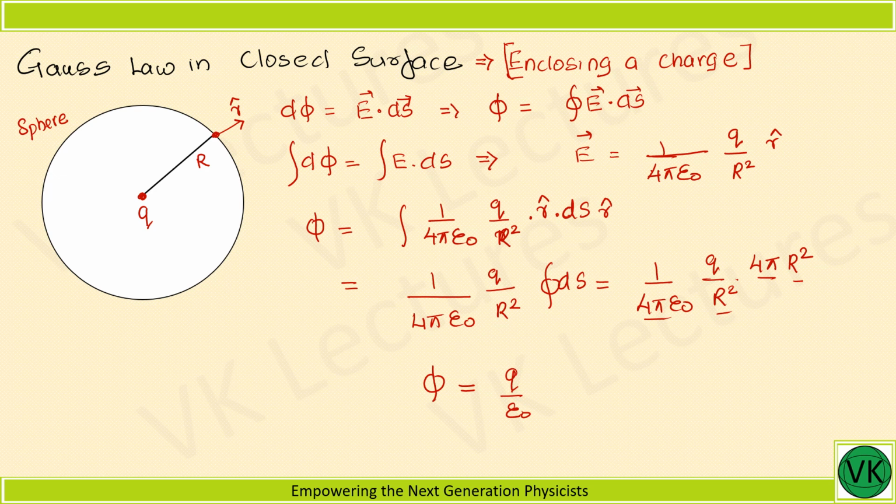So this is the flux in a surface which is enclosing a charge q, and we have to note that it is independent of the dimension or shape of the surface.